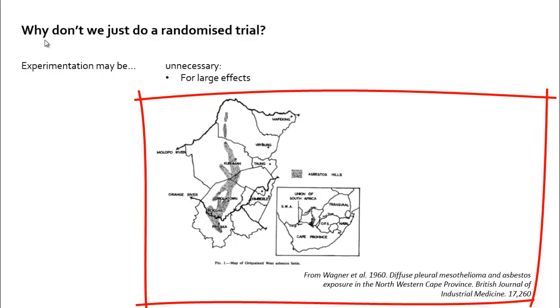And out of more than 10,000 tumours examined and recorded in registers covering other areas of South Africa with no asbestos mines, not a single one had a mesothelioma tumour. So when the effect we wish to understand is so large, an observational study is often sufficient to detect a causal relationship.